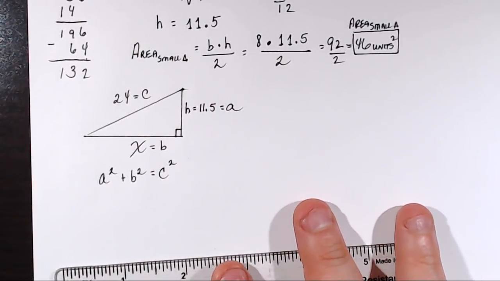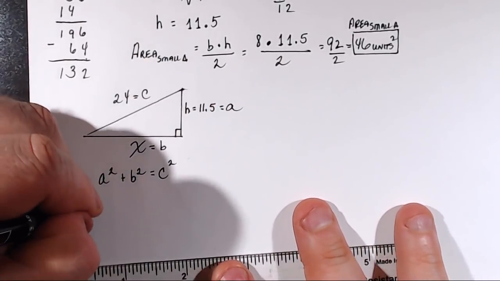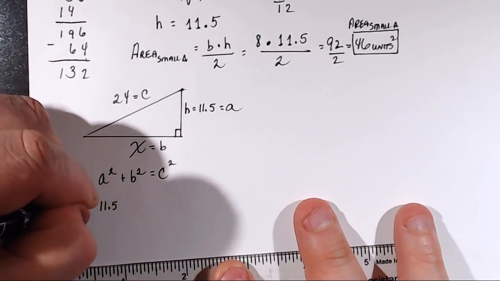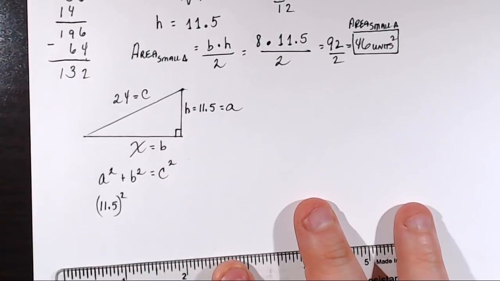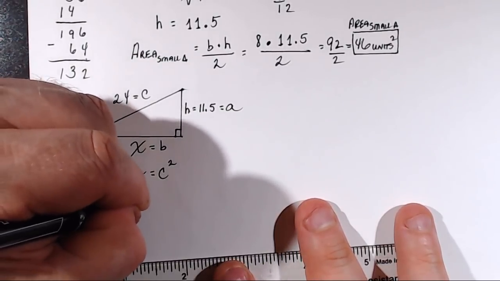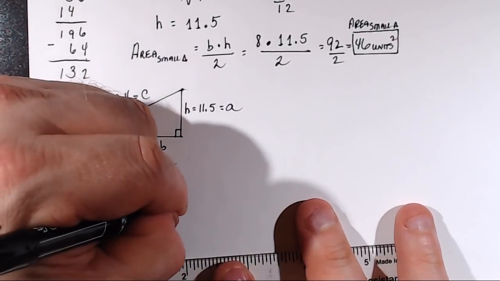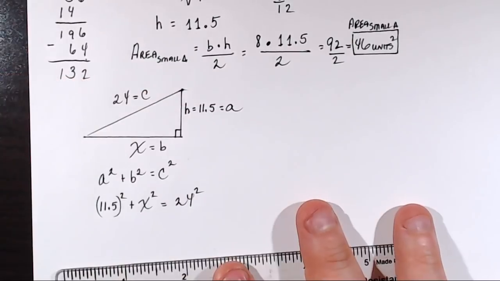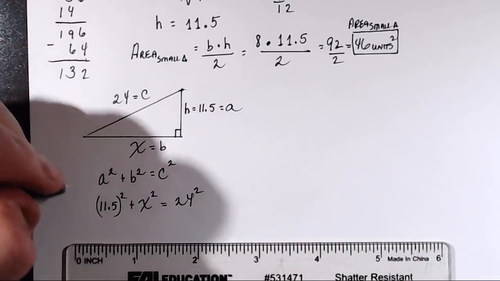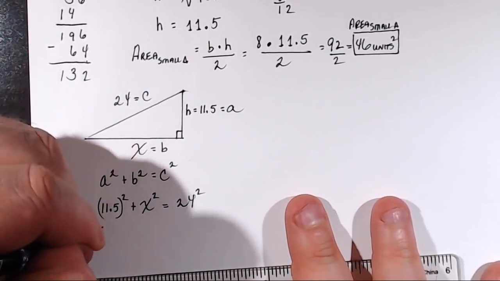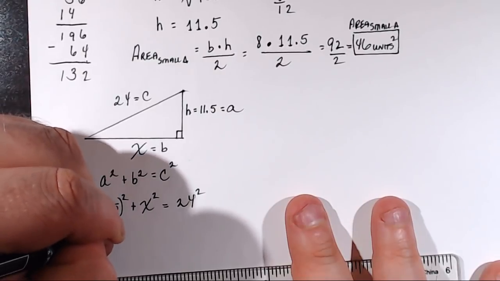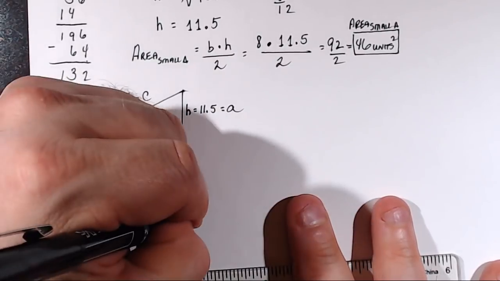And we'll plug in what we know. So it's 11.5 squared plus B squared, which is x squared, equals C squared, which is 24 squared. All right, so let's subtract out 11.5 squared from both sides.